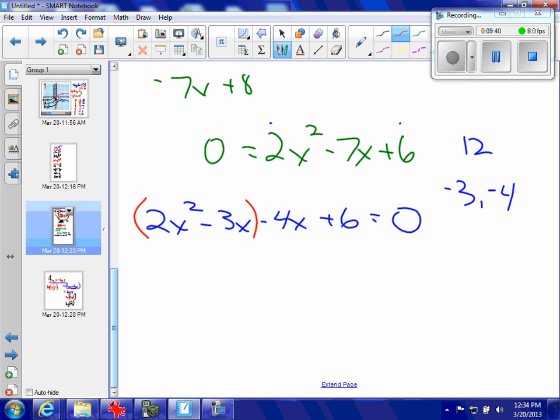Okay. I'm going to go like this, and I'm going to go like this. But when I do that, because there's a negative sign there, I have to turn that into a negative sign. And now I'm going to factor. Can I factor anything out of that? I think I could just factor x out of this side here, and I'm going to get 2x minus 3, minus, I can factor a 2 out of here, and I get 2x minus 3 over here equals 0.